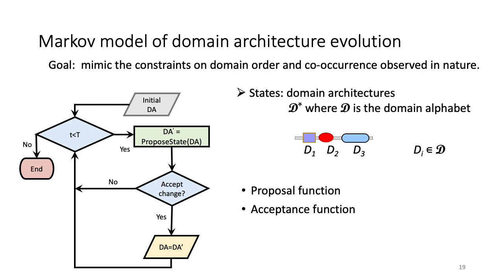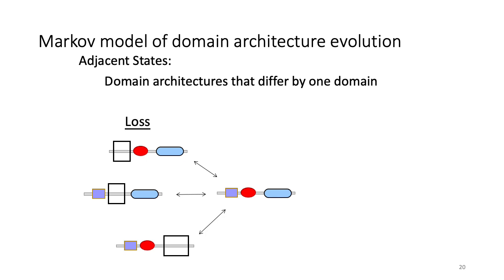The simulator repeatedly proposes a new state and then accepts or rejects the proposed state. We need a function that proposes new states and a basis for accepting or rejecting the proposed state in such a way that the simulator visits states that correspond to domain architectures with properties that are typical of genuine domain architectures. Transitions to adjacent states correspond to gaining or losing a single domain.